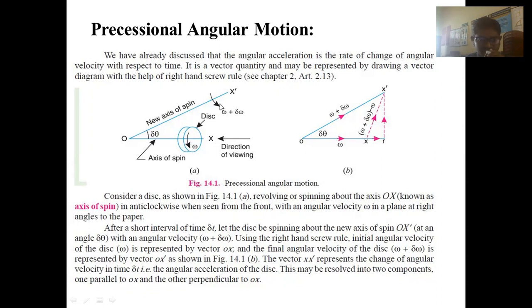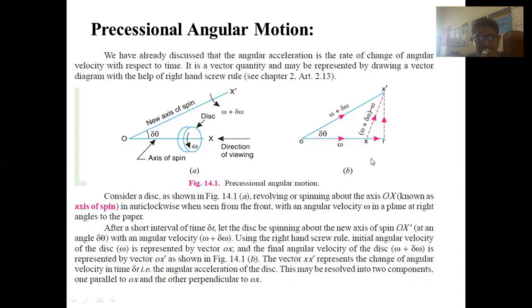At the initial position, the angular velocity of the disk is omega. After a short interval of time delta t, the angular velocity of the disk has increased from omega to omega plus delta omega.